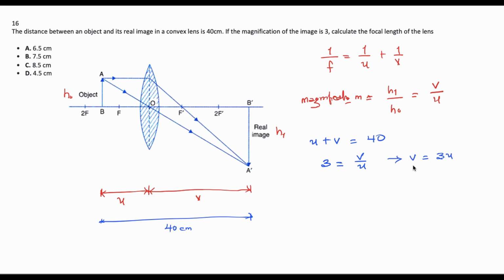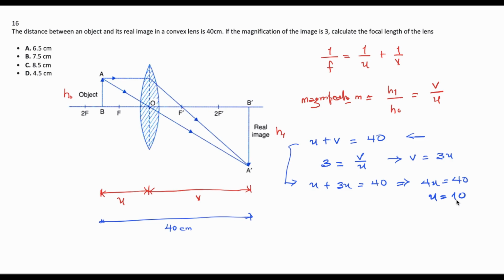Now, if we put this value into the equation here, we can solve for U. So U plus 3U is equal to 40. U plus 3U is equal to 4U, so 4U is equal to 40. If we divide both sides by 4, we have that U is equal to 10.